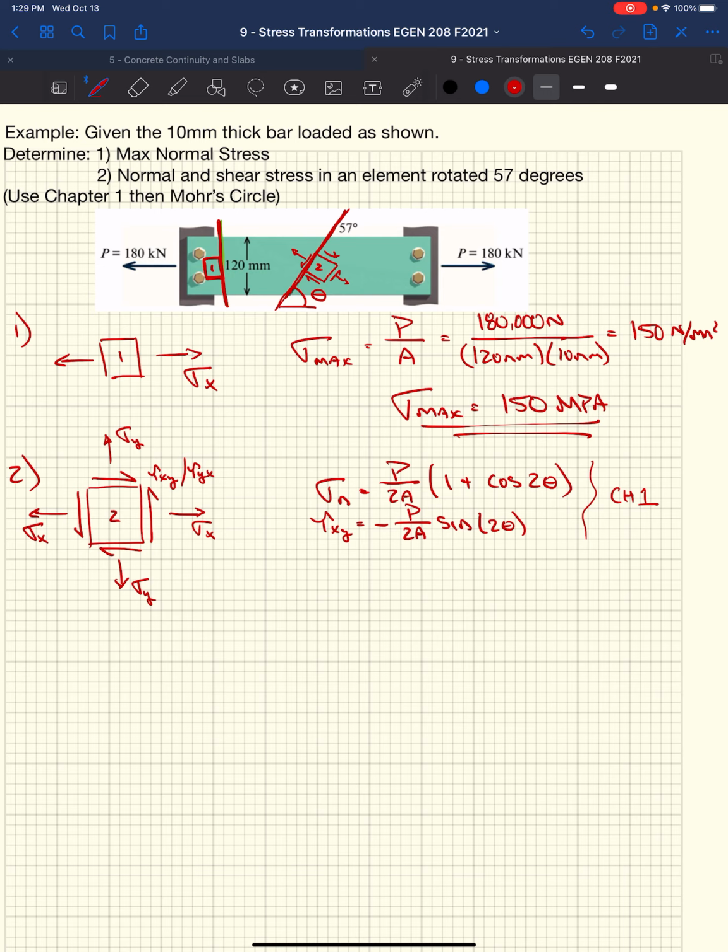So if we go through and plug and chug, for sigma x, that sigma x in our case is this face that's along our cut. We're looking at the x face being the one along the cut. We're going to say sigma x equals P, well, that's 180,000 newtons, over 2 times the area. Well, we said it was 120 millimeters times 10 millimeters, times 1 plus the cosine of 2 times 57. Well, we get a sigma x equal to 44.5 megapascals.